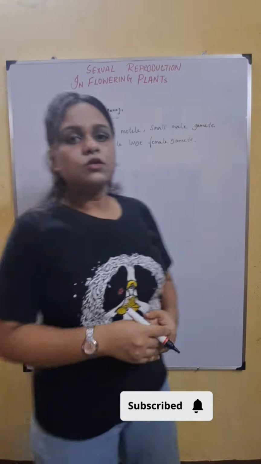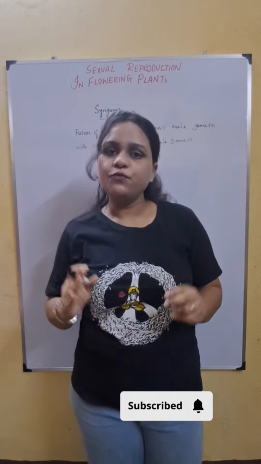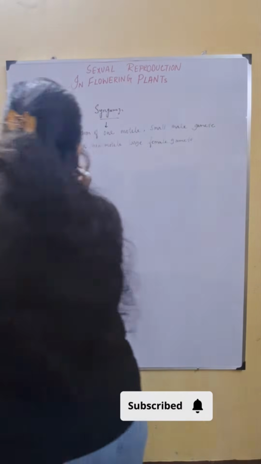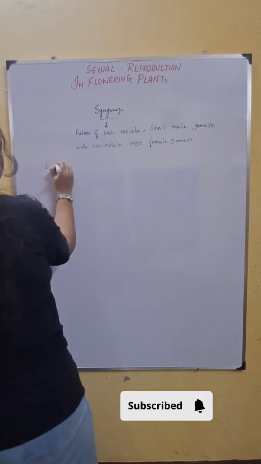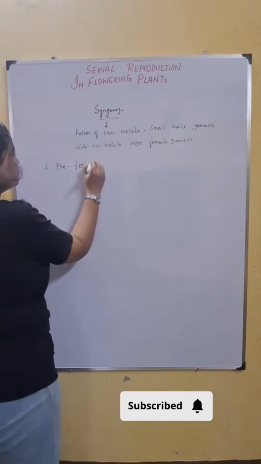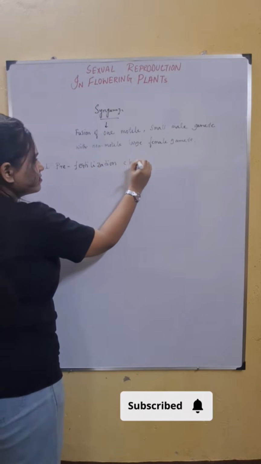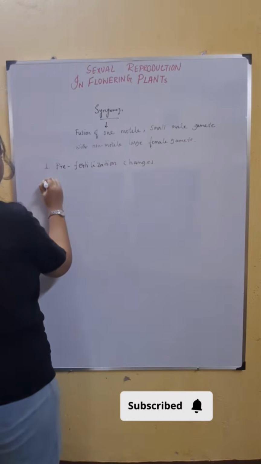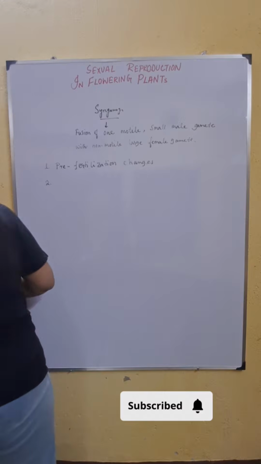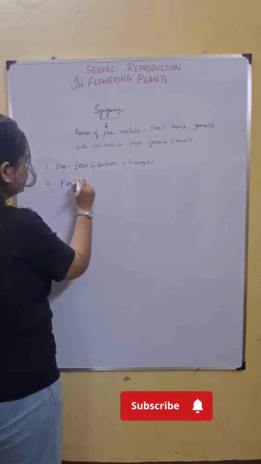So the whole process can be divided into 5 stages. The stages include pre-fertilization changes, the main process, fertilization.